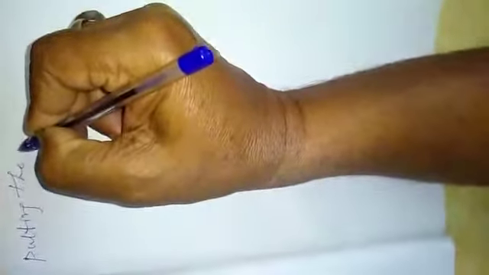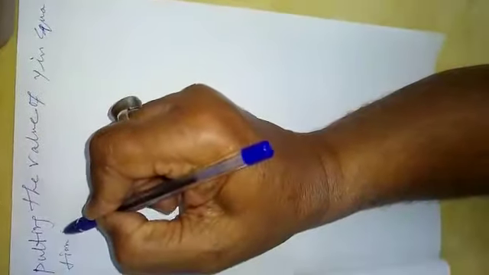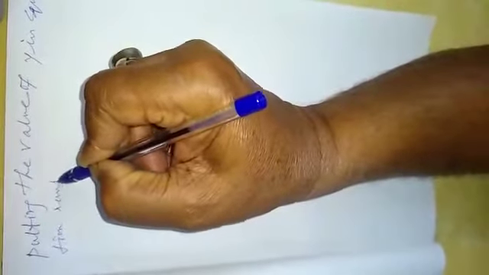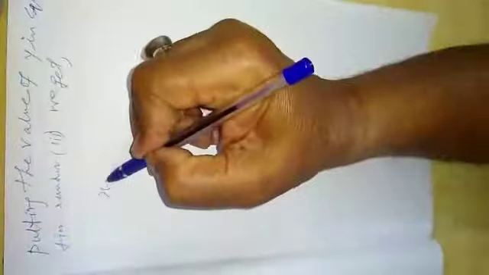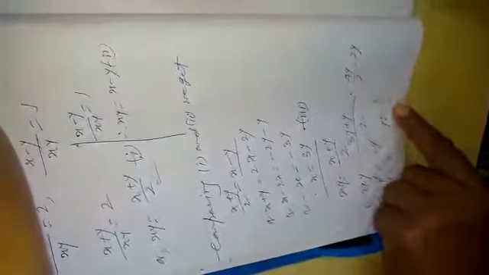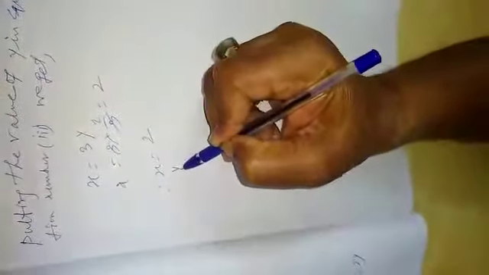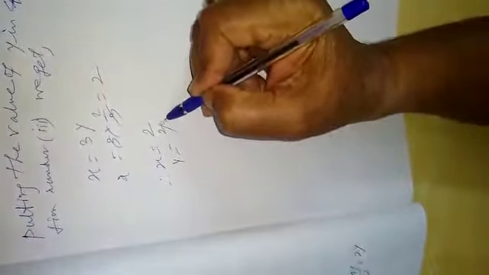Putting the value of y in equation number 3, we get x = 3y, x = 3 into 2/3, that is 2. So x = 2, y = 2/3.